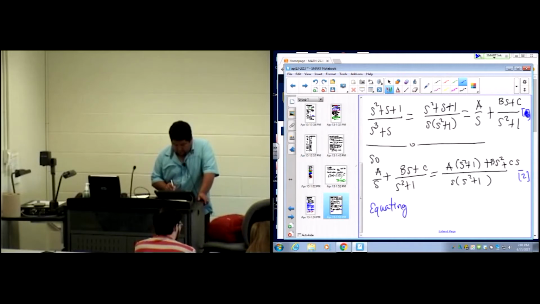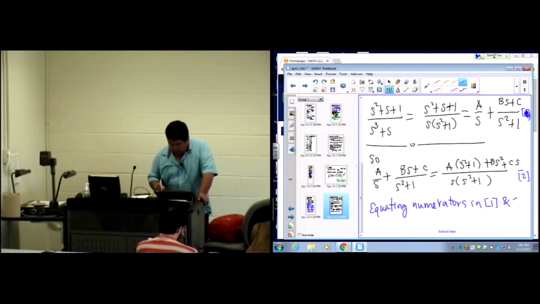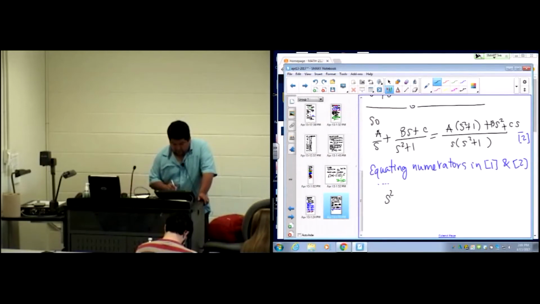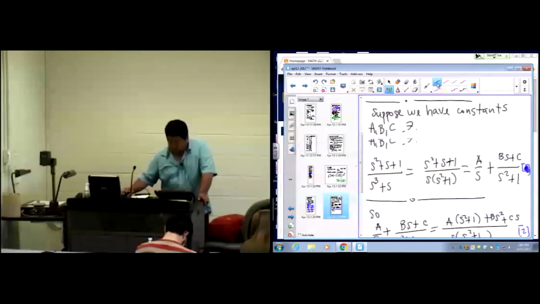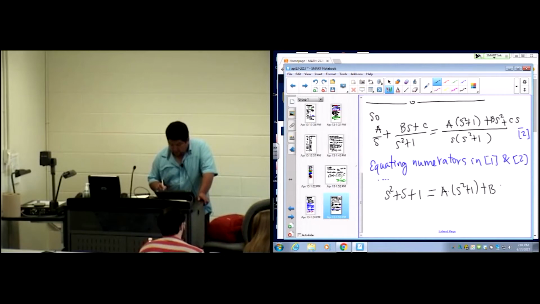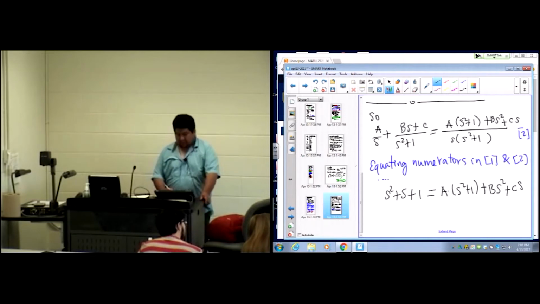Actually, I can work out this right-hand side a little bit, right? I can write A plus B multiplying s squared, and then I have a term C s, and I have a term A there. I multiply A times s squared, A times 1, Bs squared, and Cs. So I have to compare the coefficients now. We have 1 s squared, 1 s, and then 1.